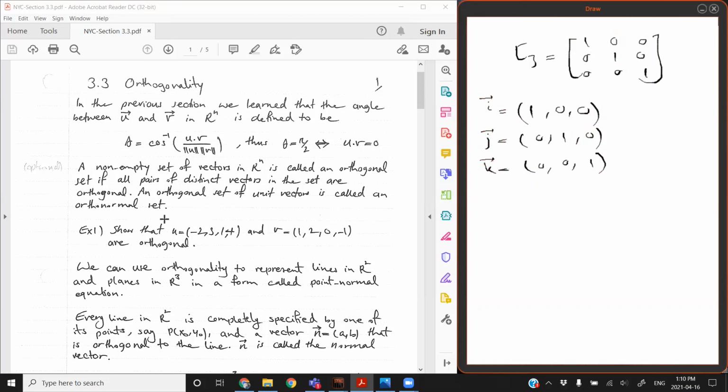If I put these three into a set, that set would be called an orthonormal set, because all the vectors are mutually orthogonal with respect to each other, and each one is a unit vector. Again, this would be a trivial example of an orthonormal set. Is that clear? What is an orthogonal set and what is an orthonormal set?